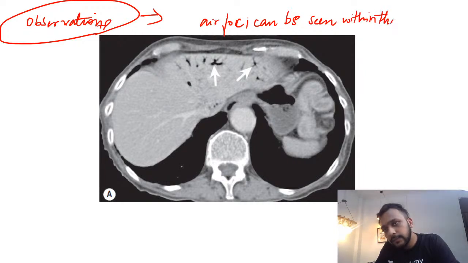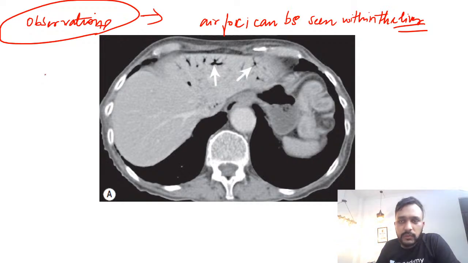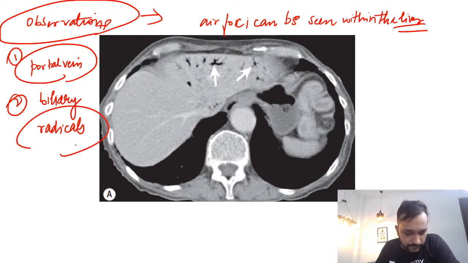These air foci are representing two things. Either these air foci can be in the portal vein, or these air foci can be present within the biliary radicals. So guys, these are the two options that we have.